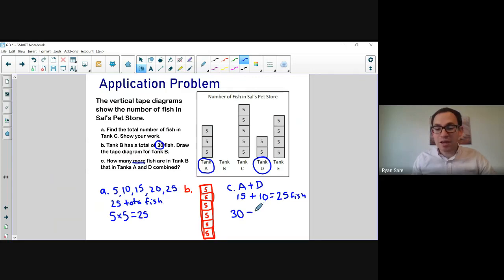So 30 minus that 25 is going to equal 5. And so there are 5 more fish in tank B.